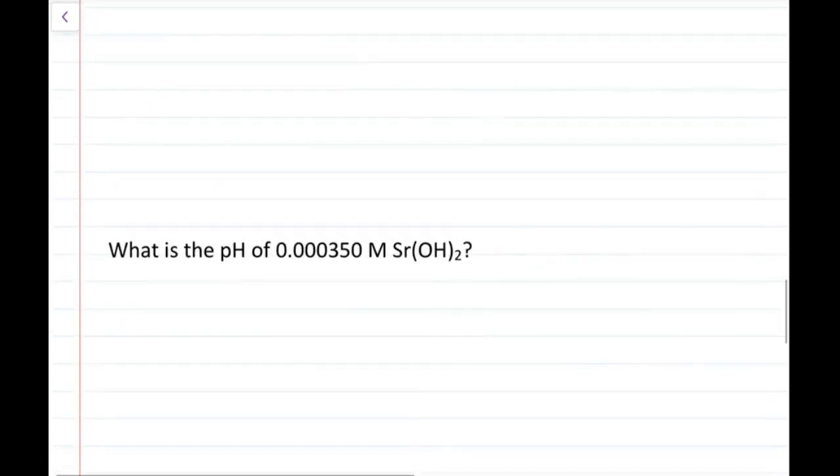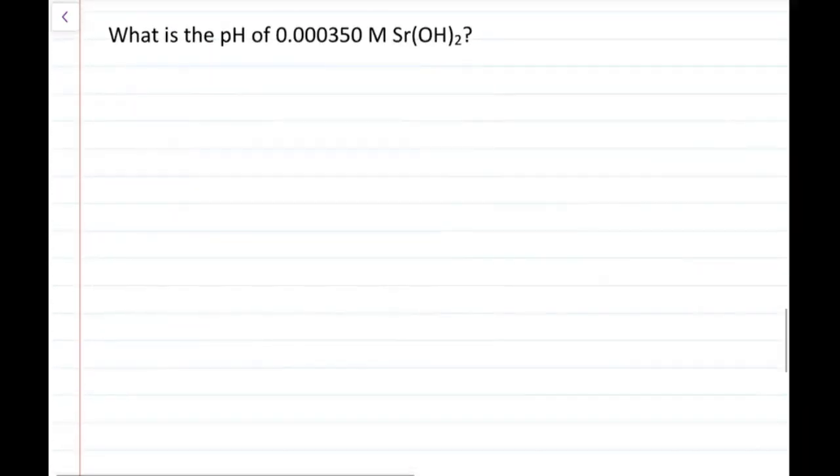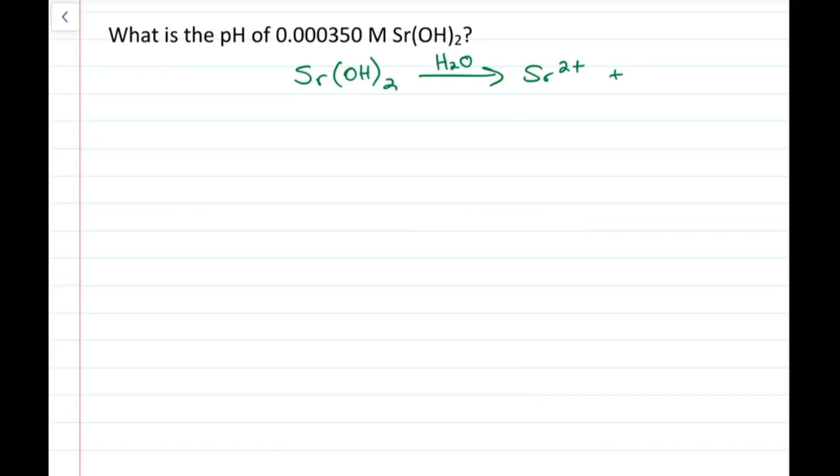Okay, so let's take a look at an example problem. What's the pH of 0.000350 molar strontium hydroxide? So the first thing you're probably going to want to do is write the ionization equation. So strontium hydroxide breaks up in water to give us Sr2 plus and 2 OH minus.